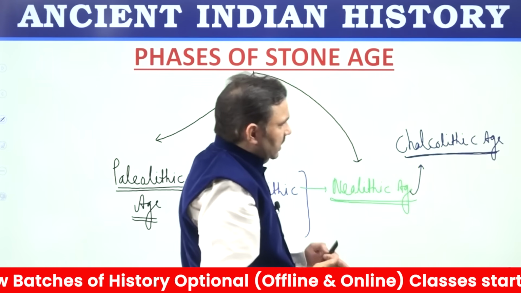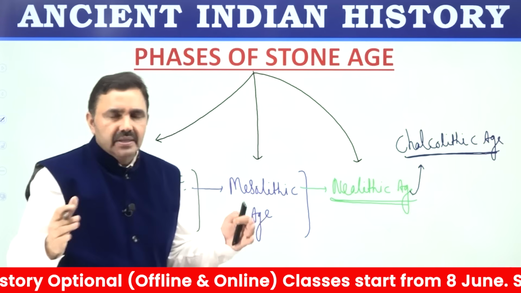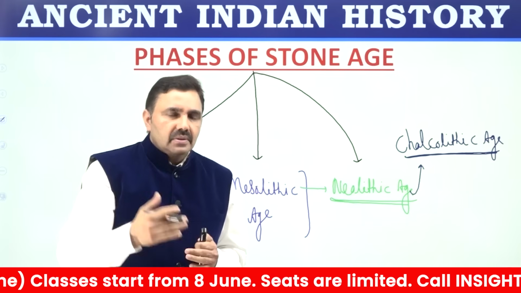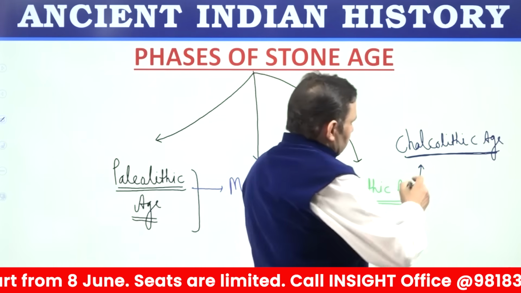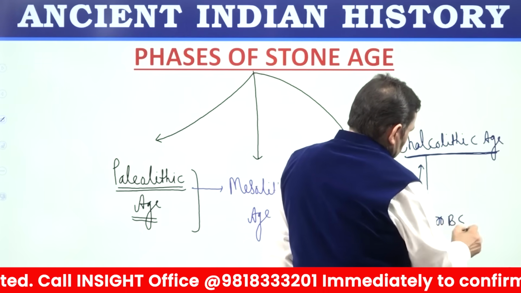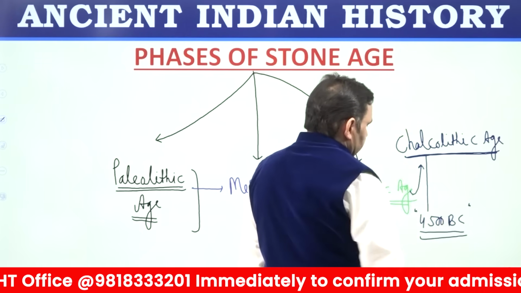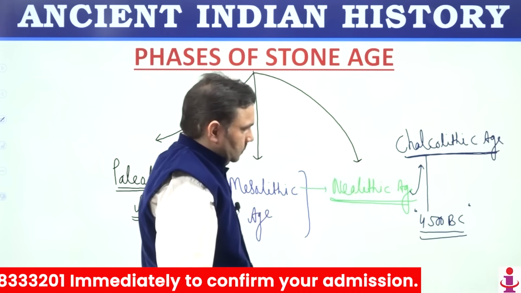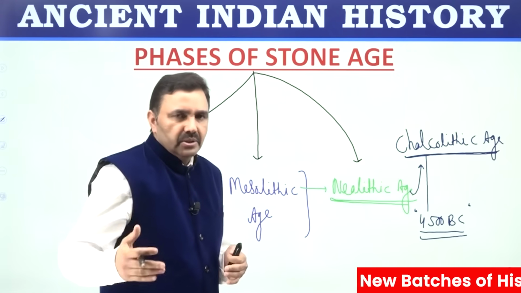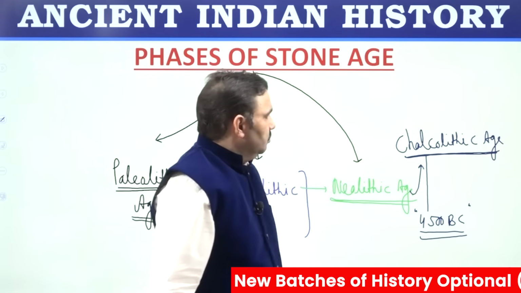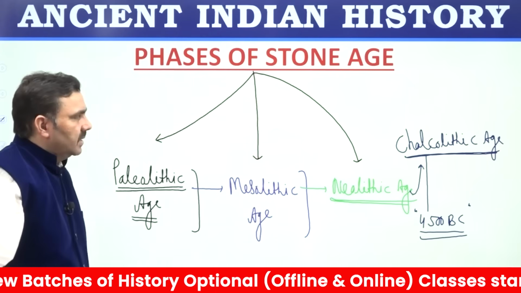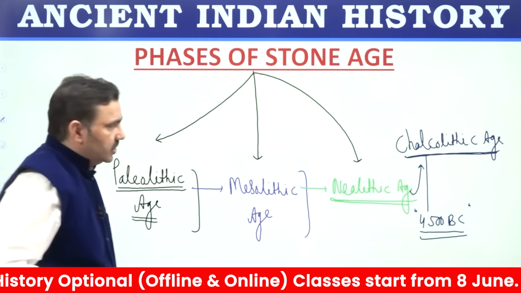Now around 4,500 years ago, and this 4,500 you have to see in terms of BC, so around 4,500 BC, the man became aware of the first metal. This metal was copper. Copper began to be used along with the stone tool. So copper Stone Age came into existence. That is known as Chalcolithic Age.